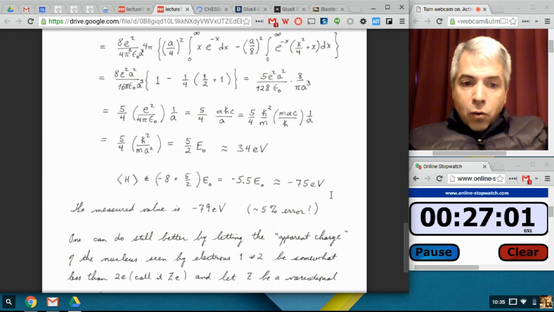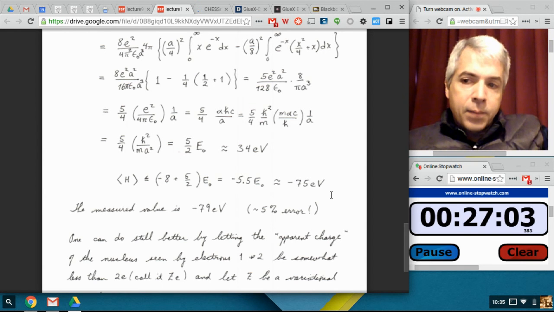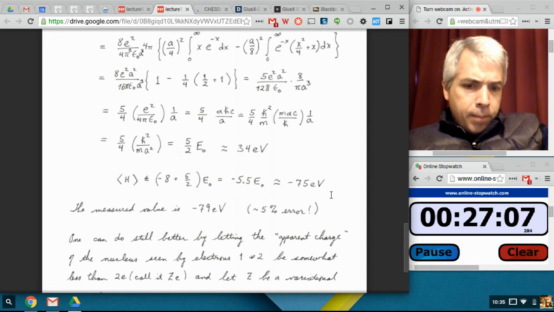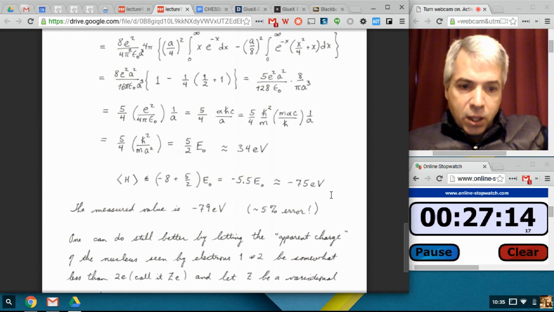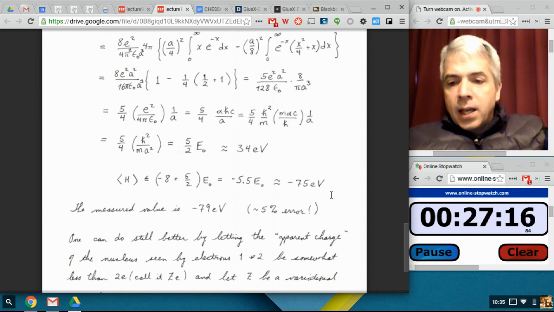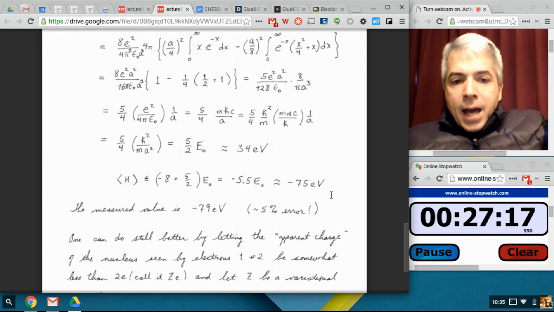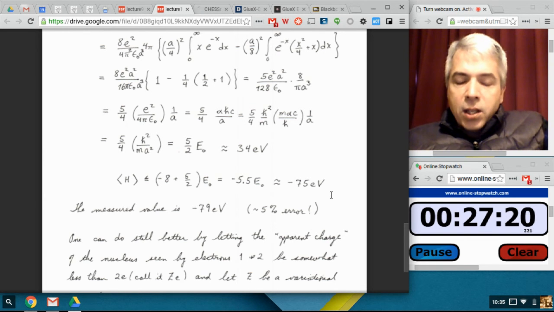But now if we go back, and you can review how this happens in the book, to the original wave function that we put down, that product with the R1 piece times the R2 piece, you say, yes, but maybe that Bohr radius that you put in there isn't the real Bohr radius that you would have with just one electron, because the 2 electrons kind of shield, one of the electrons kind of screens the charge of the nucleus.